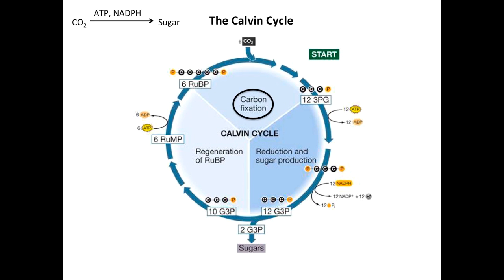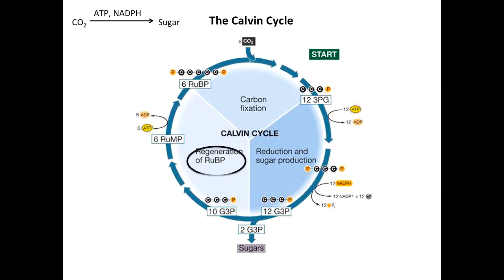In the carbon fixation, CO2 is attached to RuBP, resulting in a 6-carbon molecule that splits into two 3-carbon molecules called 3-phosphoglycerate, or 3-PG. The reduction step uses electrons from NADPH and some of the ATPs to reduce 3-PG to glyceraldehyde 3-phosphate, or G3P.